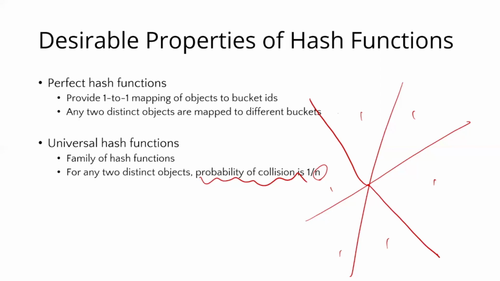If you randomly select 2 distinct points, then the chance of collision, which means the chance that the 2 points fall into the same bucket, is 1 over n.